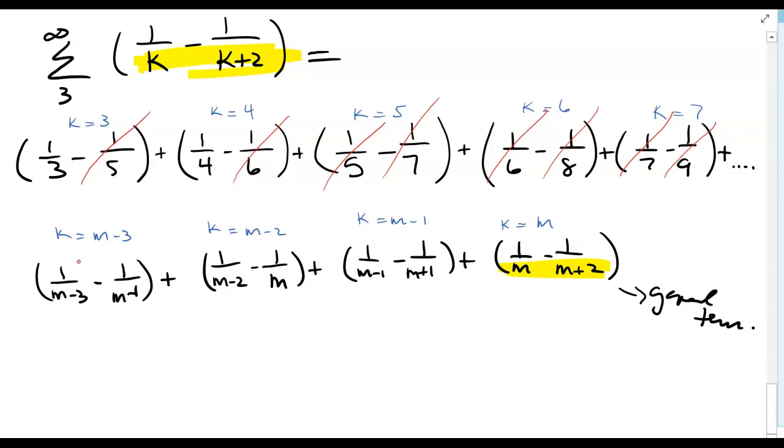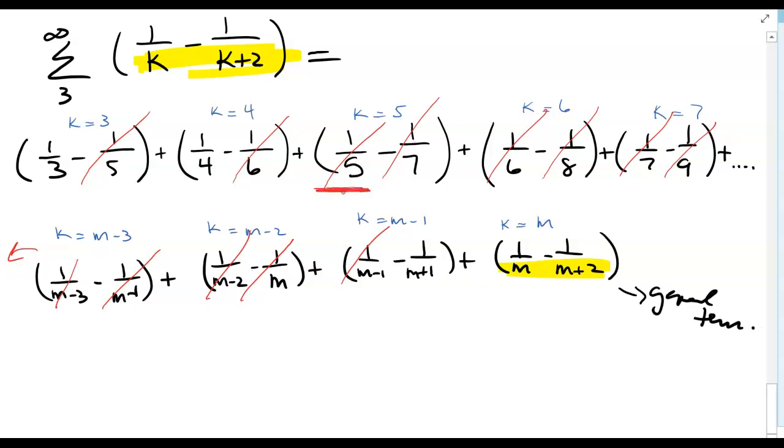So the m minus 3 is going to cancel with a previous m minus 3. m minus 1 is going to cancel. m minus 2 is going to cancel with the previous m minus 2. Your m's are going to cancel, right? Because take a look here.